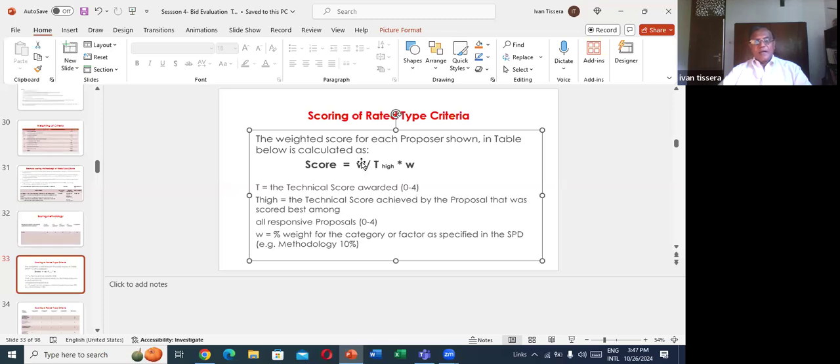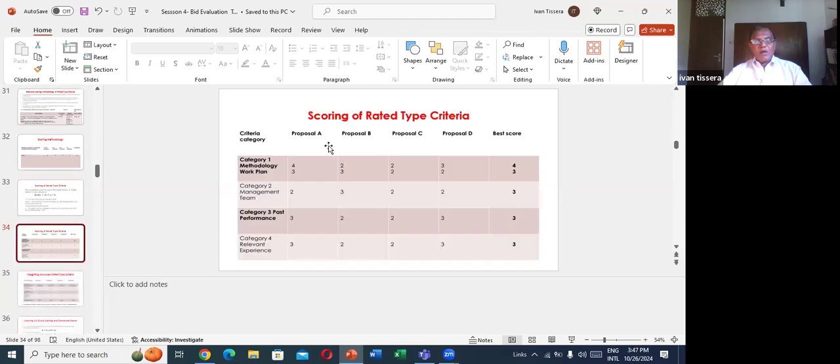Right? W is the weightage, out of T high into W. This is how they have given marks. Category 1, methodology and work plan: work methodology 4, work plan 3. Category 2, other marks.